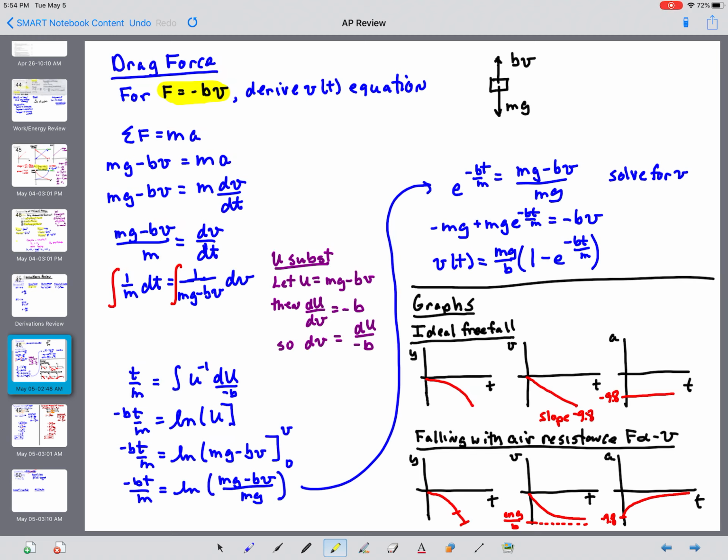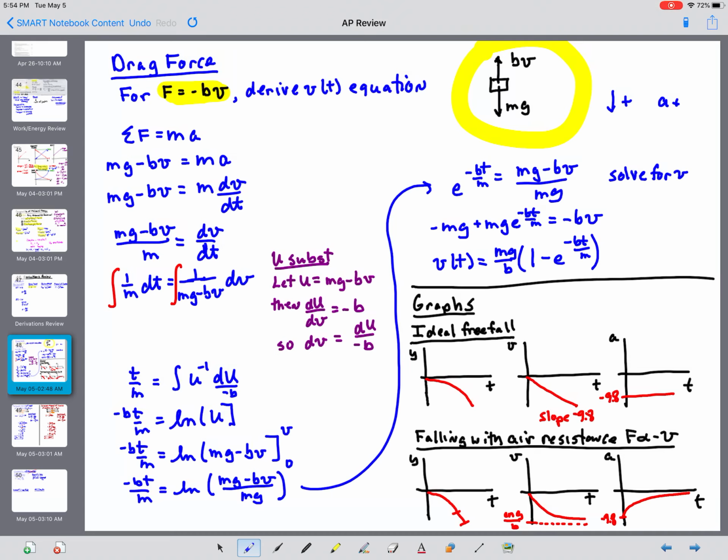So we start with Newton's second law, net force equals mass times acceleration. From your free body diagram over here on the side, bv would be the drag force upward, mg downward. I did, in this case, make the downward direction positive. So mg is positive, and then my acceleration, which would be downward also, goes in as a positive.